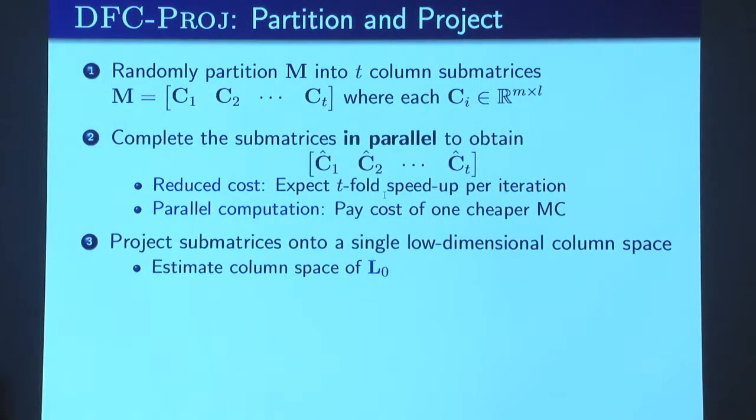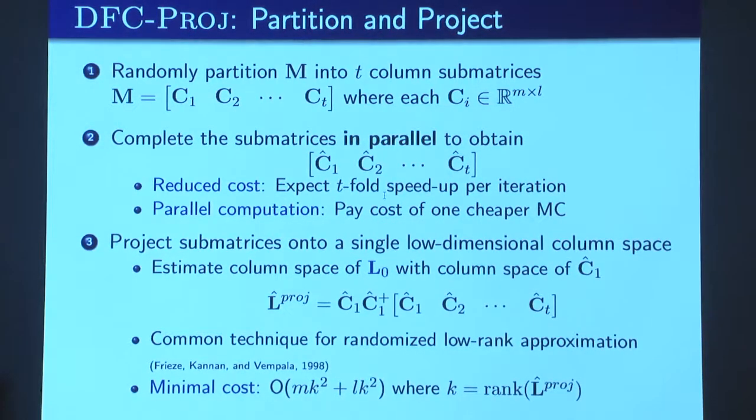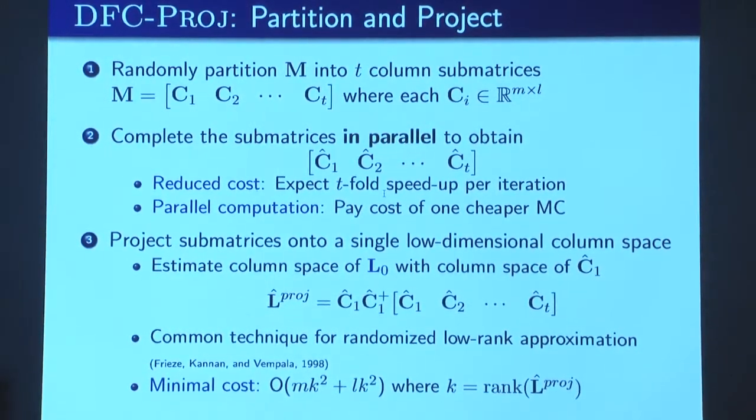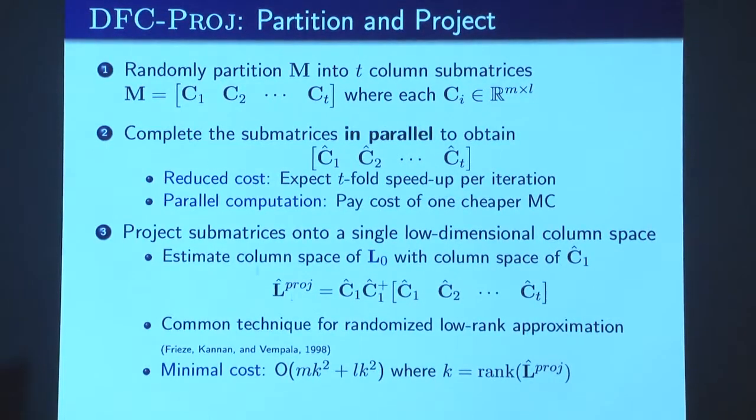One thing you could do is take the column space of C1 hat. If you have sufficiently many columns, you might hope that this will give you a good estimate of the column space. So you could project all of your submatrix completions onto that single subspace and thereby recover a single low-rank estimate. This is a pretty common technique for randomized low-rank approximation. And in this case, it has very low cost because each of these C hats is typically already in factored form, so doing this multiplication is very cheap compared to everything else that came before.